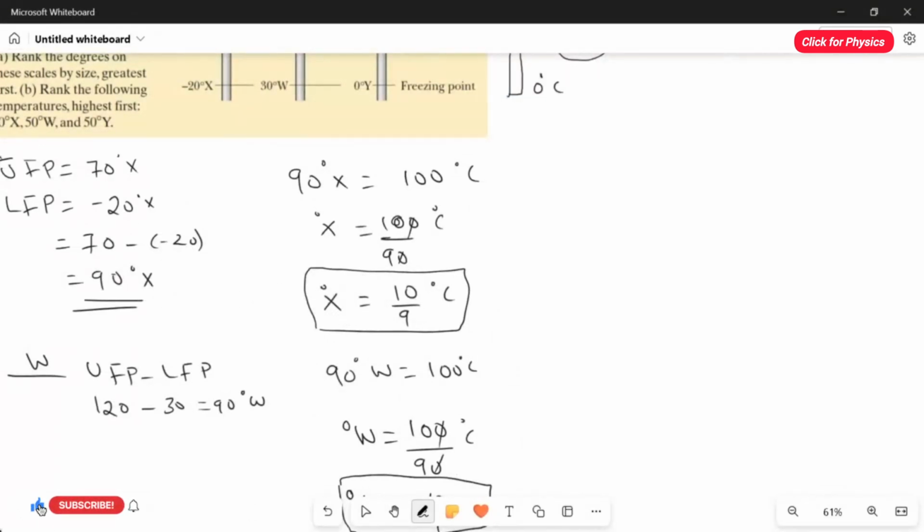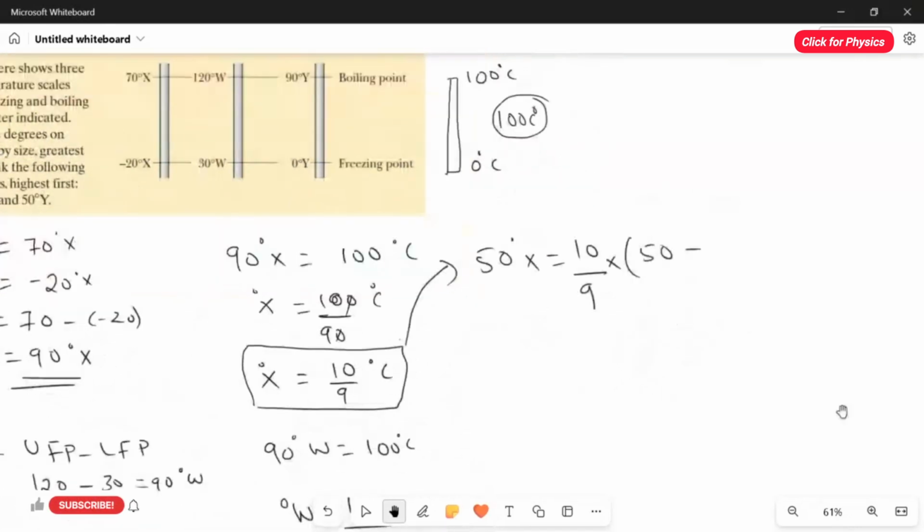So 50 degrees X is equal to 10 over 9 multiplied by 50 minus the lowest fixed point. In this first diagram, the lowest fixed point is minus 20. So 50 minus minus 20.